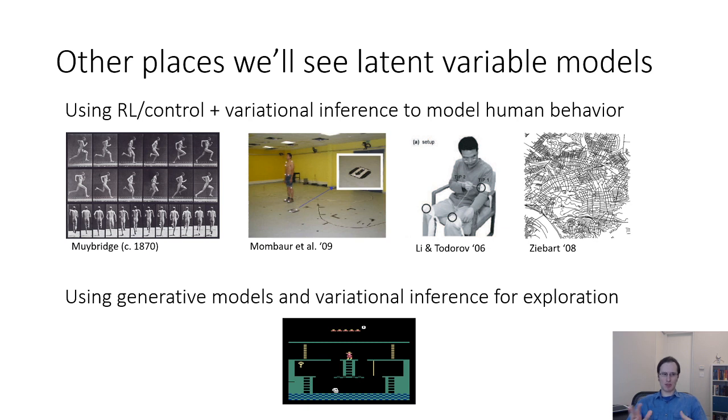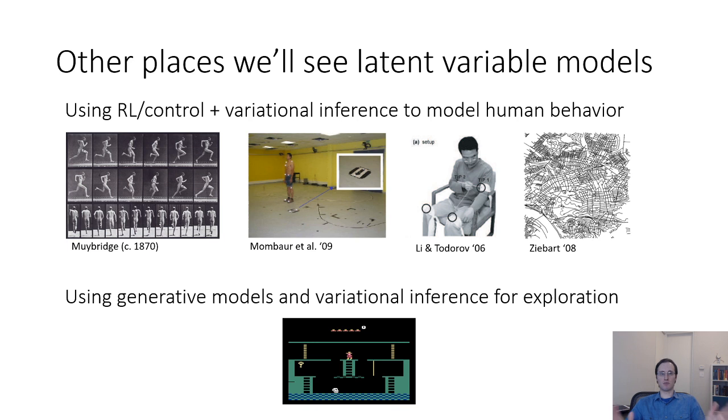So these kinds of generative models and latent variable models come up all the time in the study of reinforcement learning. By the way, when I use the term generative model, just to clarify the terminology a little bit, a generative model is a model that generates x. So P of x is a generative model. A latent variable model is a model that has latent variables. Not all generative models are latent variable models, and not all latent variable models are generative models.